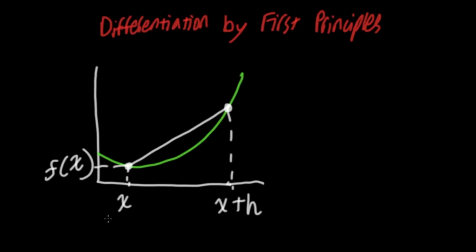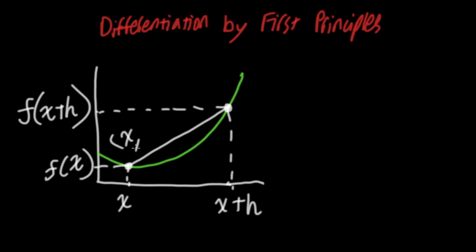So it's x plus h to give us this distance here. And that means that the y coordinate of this point will be f of not x, but f of x plus h. So we have our 2 points here. We have x comma f of x, and then up here we have x plus h comma f of x plus h.